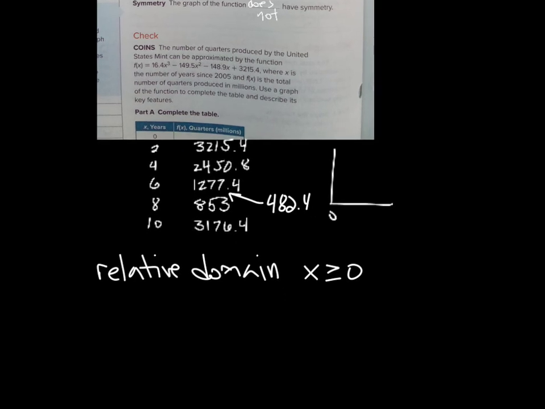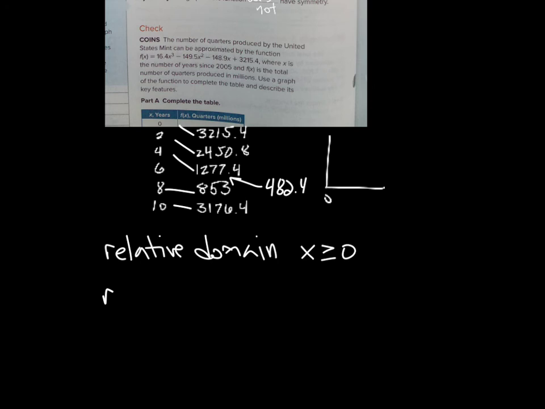Okay, so everything's off. Like this one goes to 0, to 2, to 4, to 6, to 8, to 10. Okay, sorry. So then the relative range, we looked at the lowest number. We said, well, everything's got to be more than 482.4. All right, so there is a relative minimum.